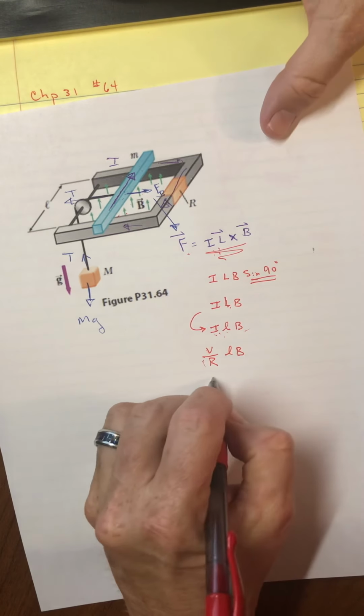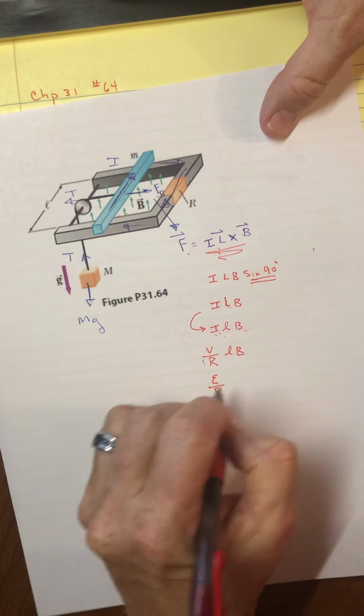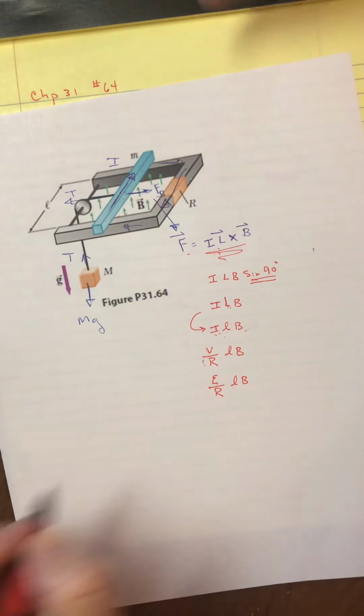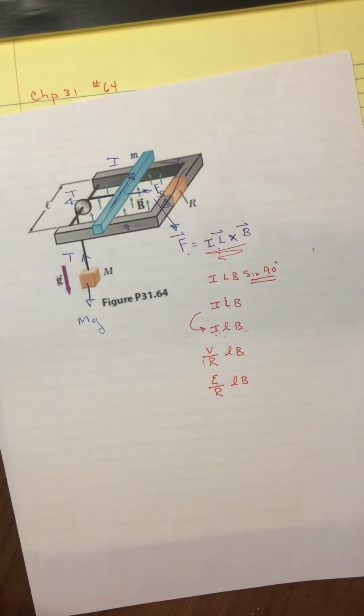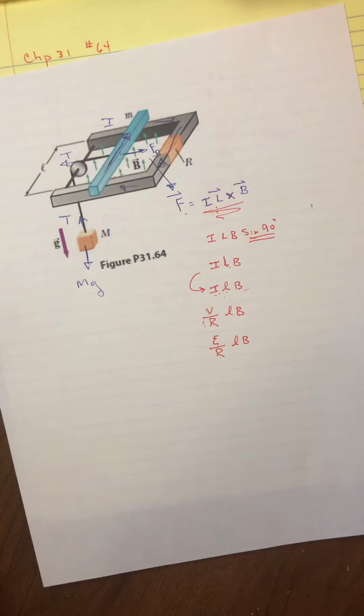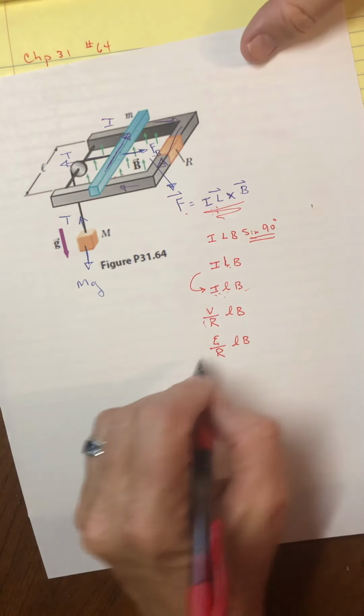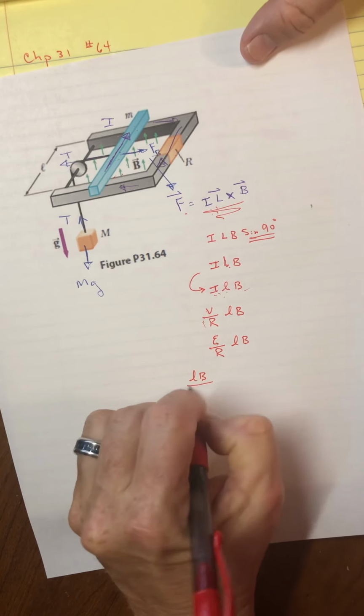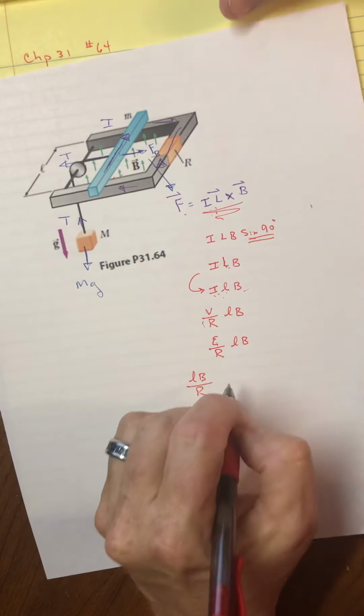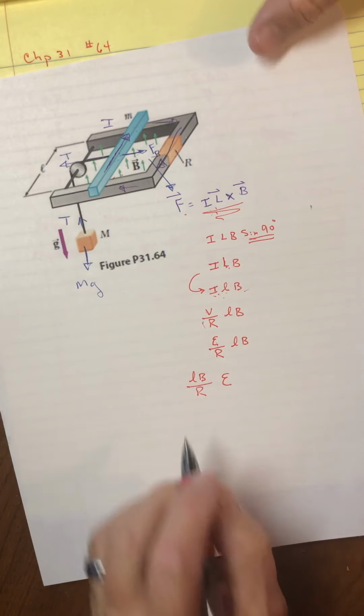Now, in this case, the voltage is created by an induced EMF. So let me write that as the script E. And then maybe I'll put the L and the B and the R over here. And then, I'll just do the script E.